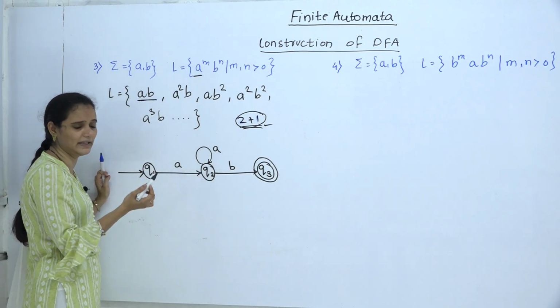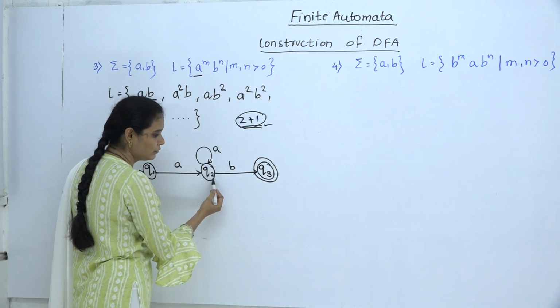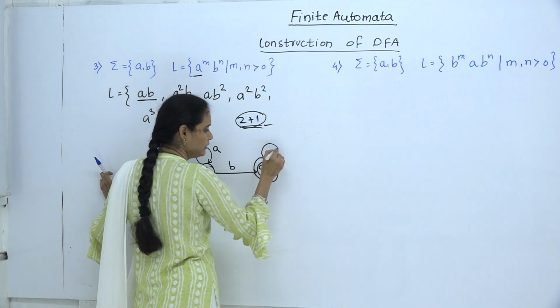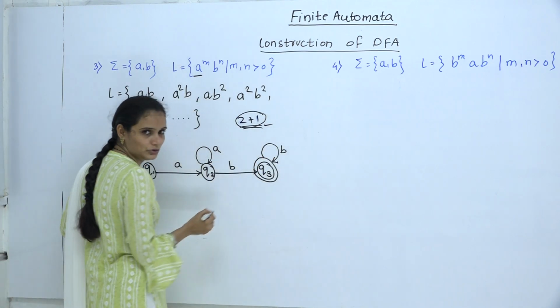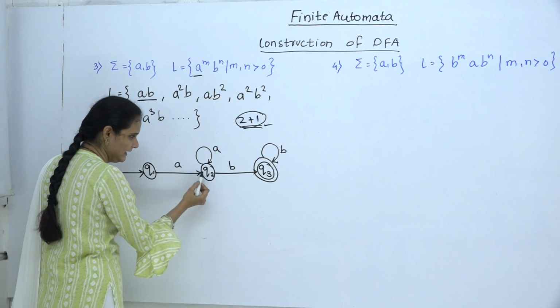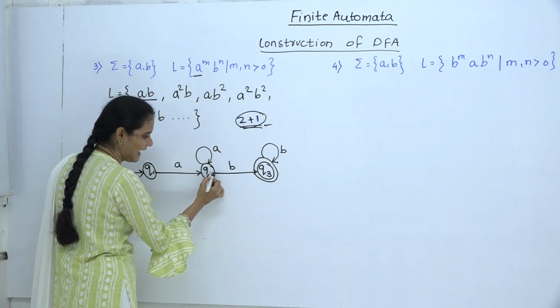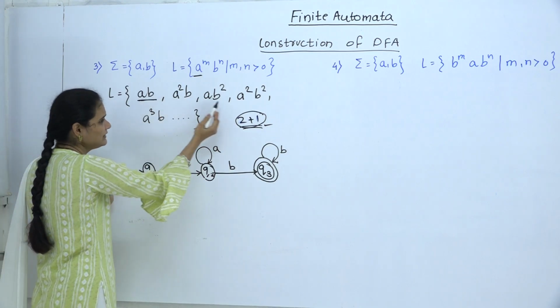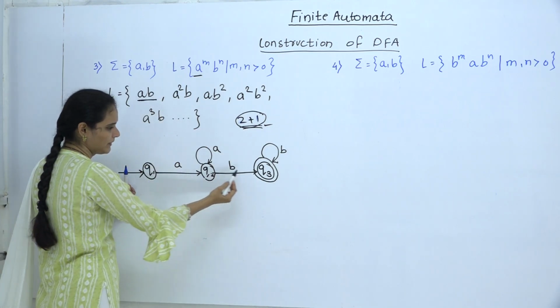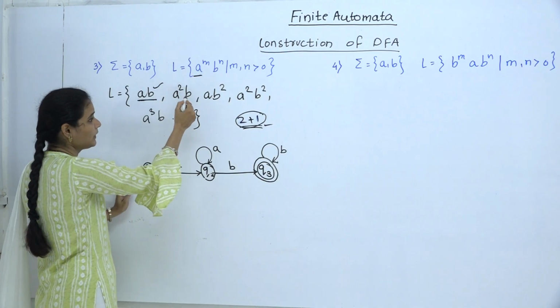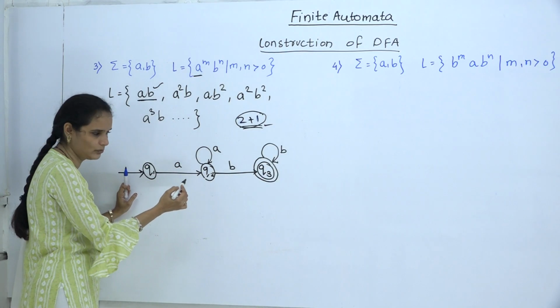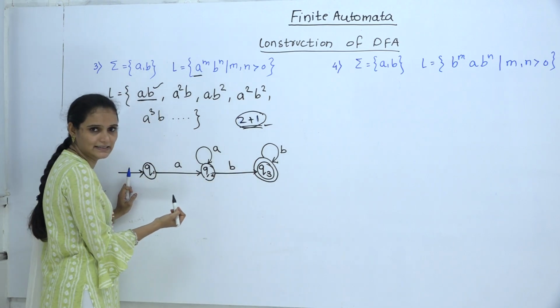Similarly b raised to n. From Q2, b goes to Q3, so I can give the loop of b at Q3. So here it is, students, a raised to m and b raised to n. See, all these strings are accepted. ab accepted, a square b: one loop is executed, so a square b will be executed.